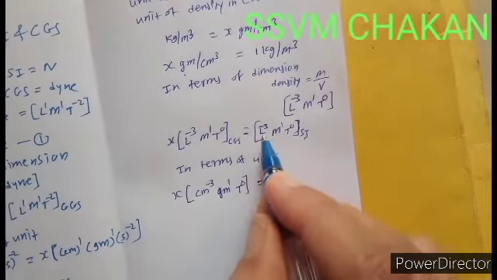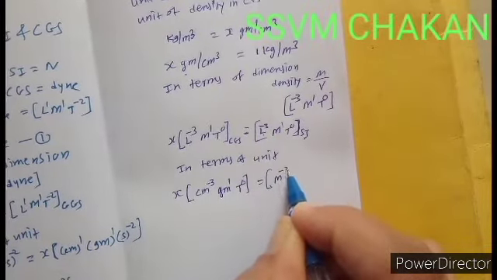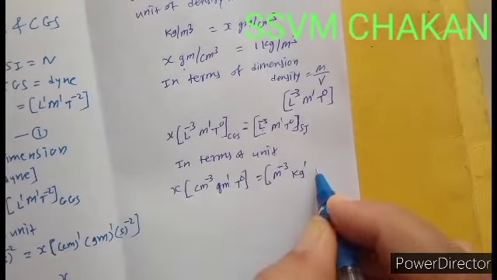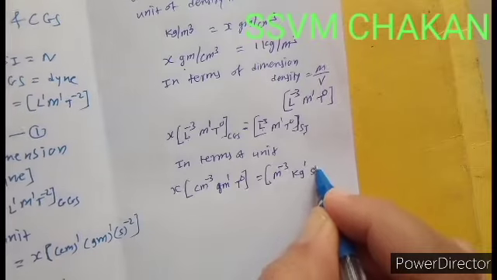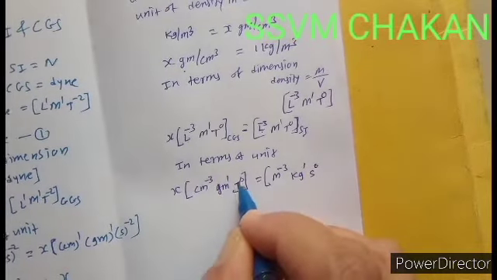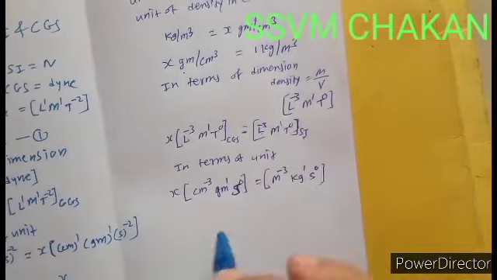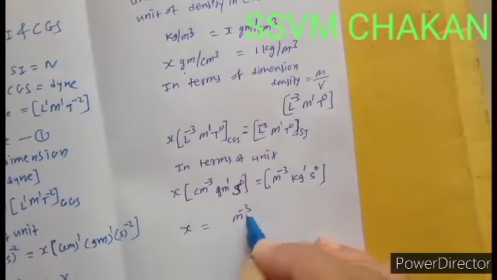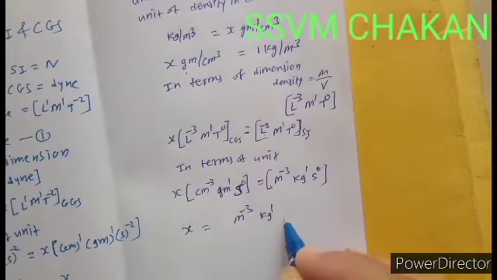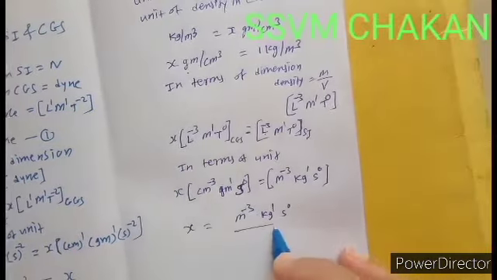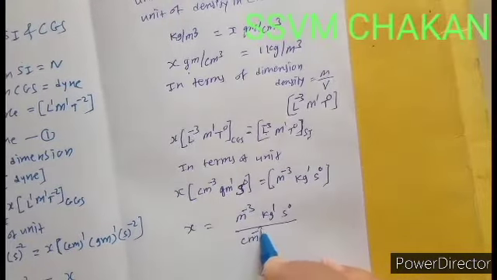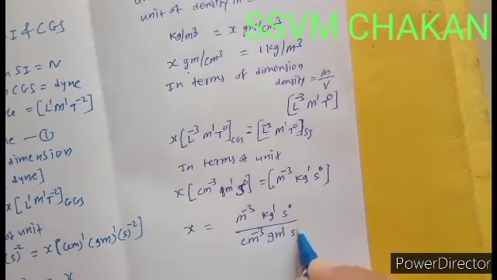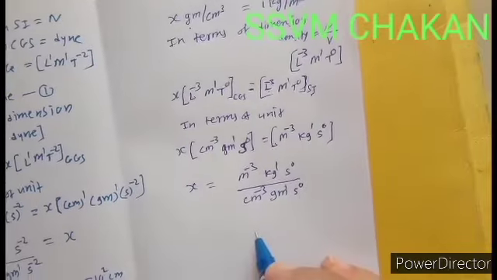Length in SI system is measured in meter, so meter raised to minus 3, mass measured in kg, kg raised to 1, second raised to 0. So x is equal to m raised to minus 3, kg raised to 1, second raised to 0, divided by cm raised to minus 3, gm raised to 1, and s raised to 0.